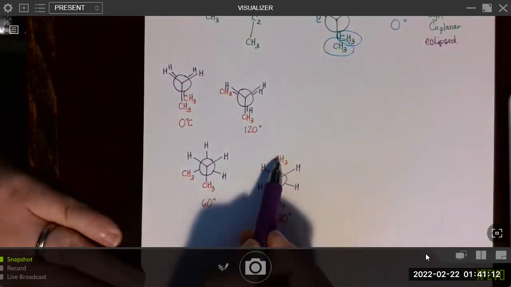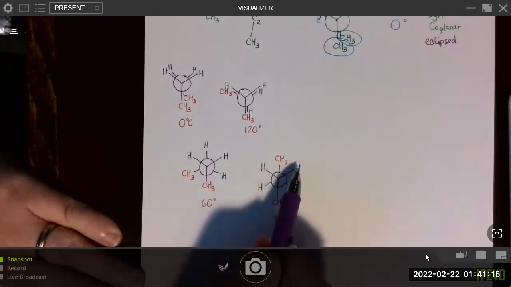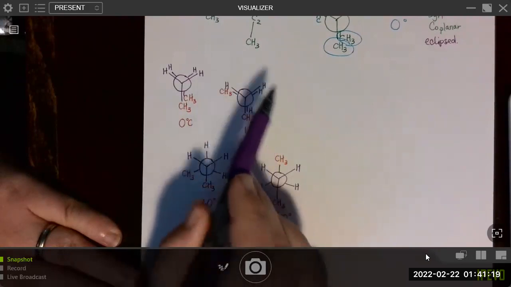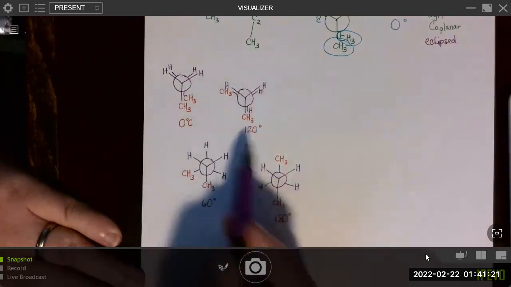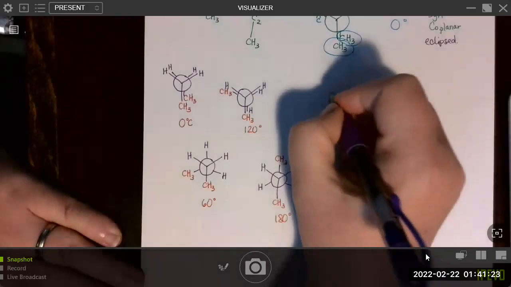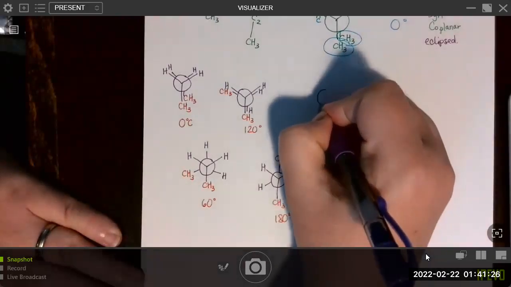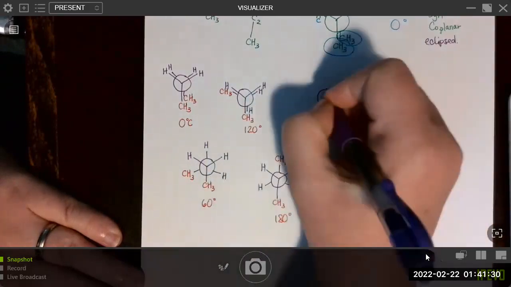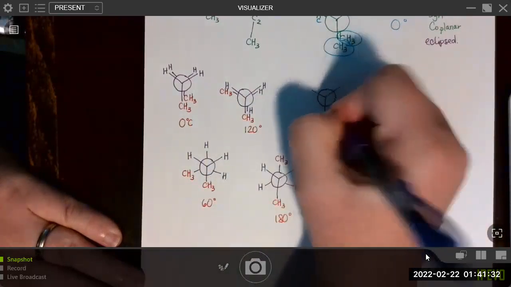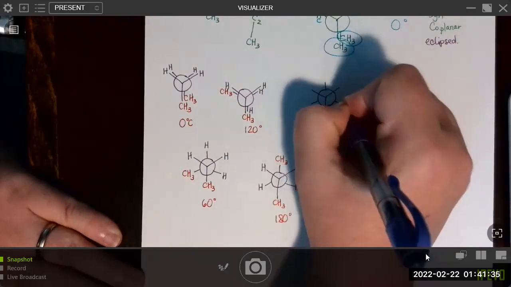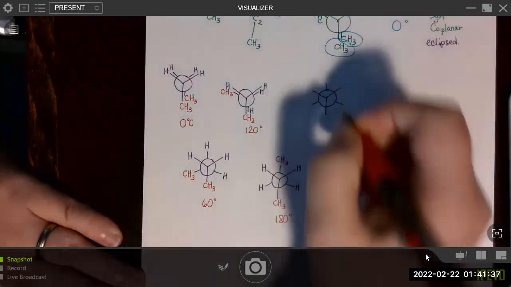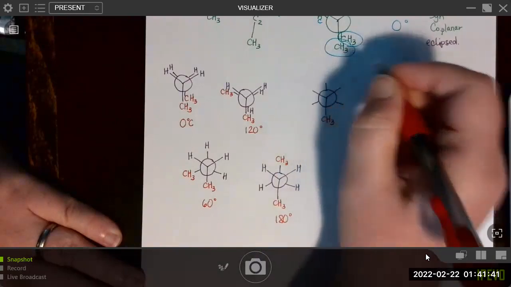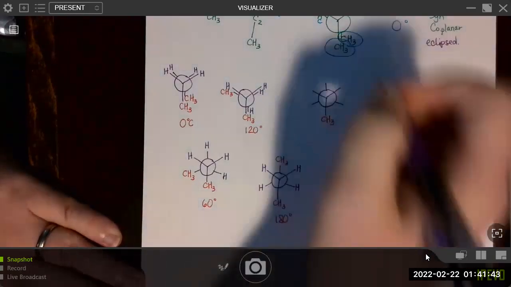If we're rotating, again, the back carbon clockwise, we'll end up with a similar energy conformation to the one at 120 degrees. So I'll try to draw it at the same energy level here. Oh, again, messed up.